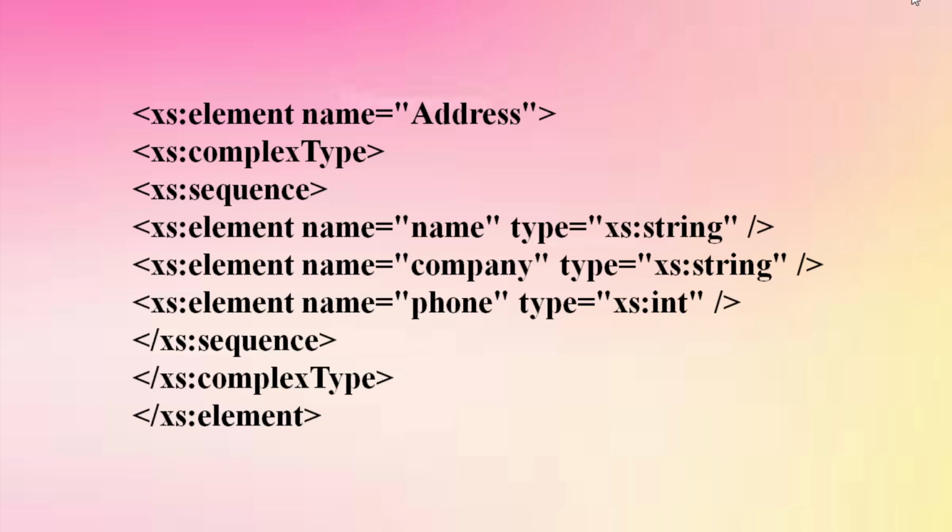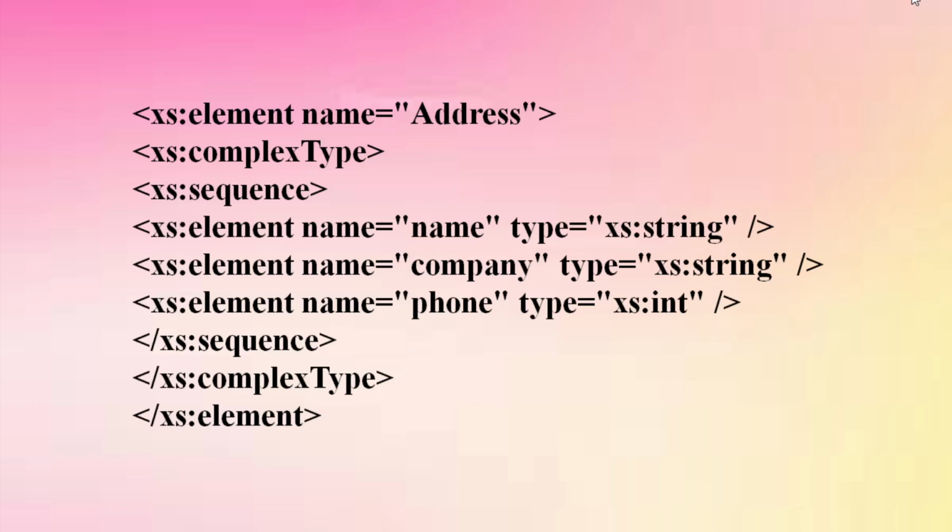Here the element name equals name, type is string. The next element in the sequence is company, which allows strings. Similarly, the last element phone number is of type integer, int. Close the sequence, complexType and element.